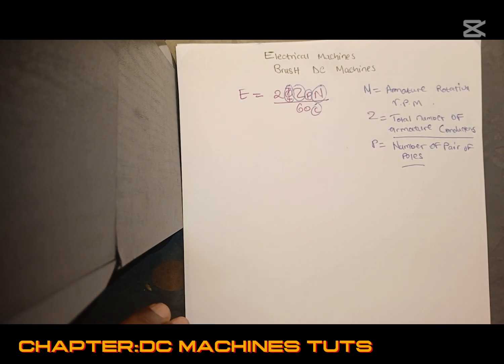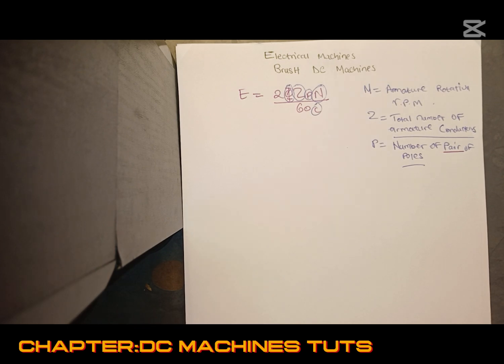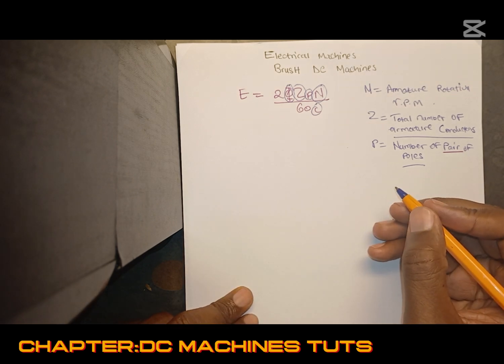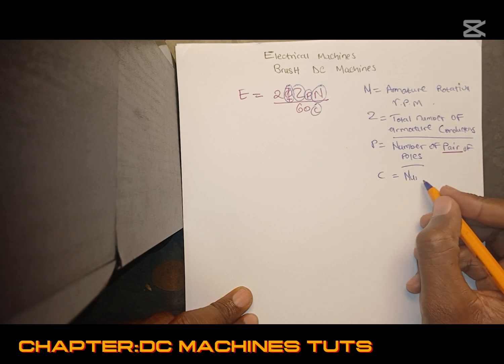This is very important to pick up, because there lies the truth, there lies misunderstanding, there lies arguments among students. Pair of poles, right? We're going to talk about that. Now C is just the number of parallel paths.